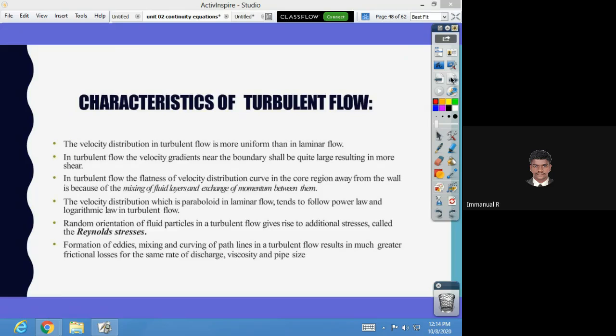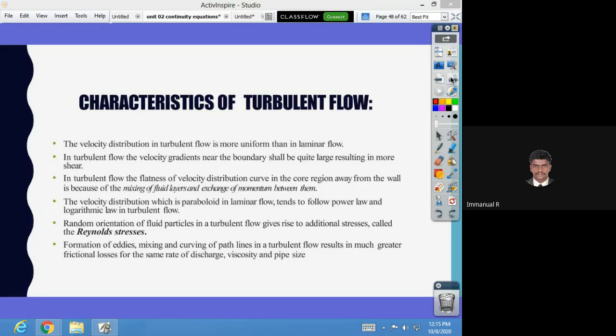Characteristics of turbulent flow: the velocity distribution in turbulent flow is more uniform than in laminar flow. In turbulent flow, the velocity gradients near the boundary are quite large, resulting in more shear. The flatness of the velocity distribution curve in the core region away from the wall is because of the mixing of fluid layers and exchange of momentum between them.